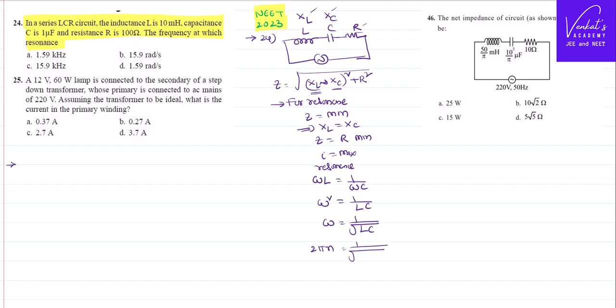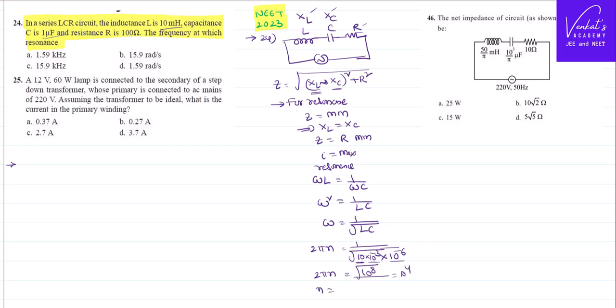Inductance L is 10 milli, that is 10 into 10 power minus 3. And capacitance C is 1 micro, that is 1 into 10 power minus 6. So 2 pi n equals 1 over the square root of 10 power minus 3 and minus 6, which is minus 9 plus 10... that is minus 8. So in the numerator it becomes 10 power plus 8 under square root, that is 10 power 4.